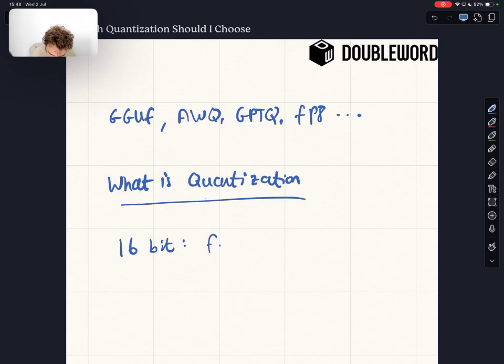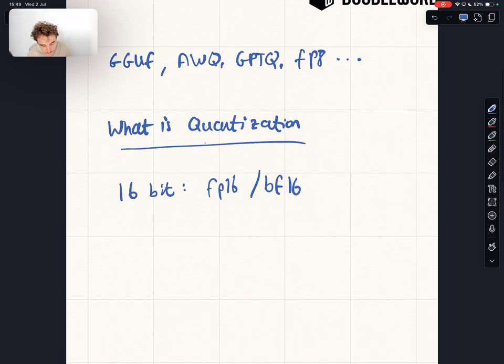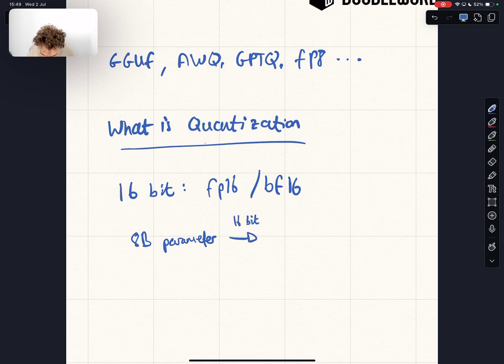This is usually FP16 or more commonly BF16 formats, and this means every parameter uses 16 bits to describe it. So if I have an 8 billion parameter model, in 16-bit format, the weights take up about 16 gigabytes of space.